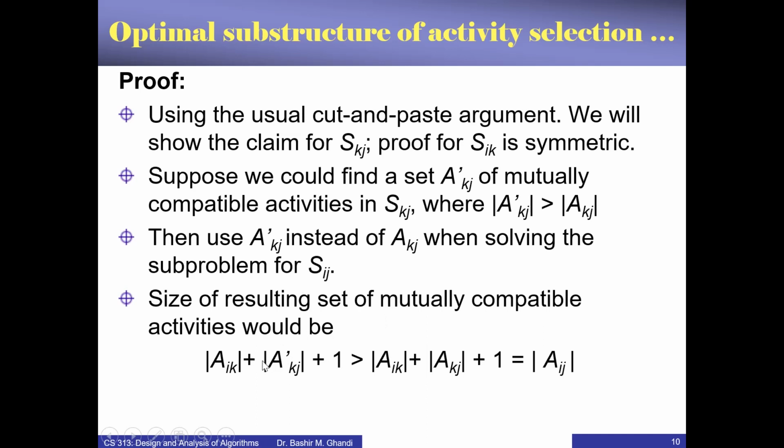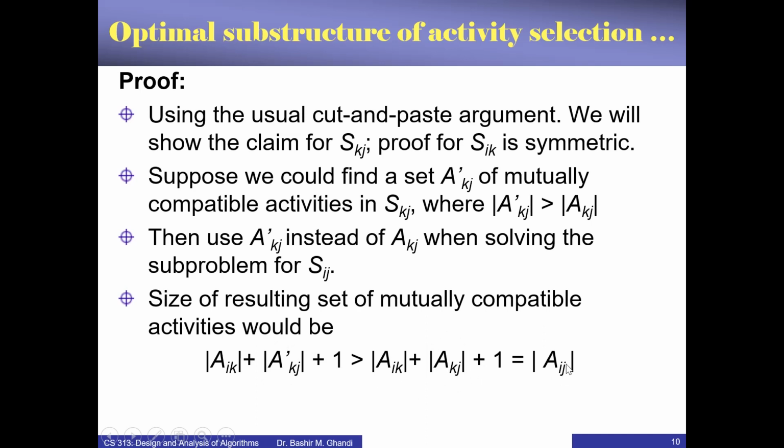Yani if we substitute here, instead of using AKJ, we use A prime KJ, which is bigger than AKJ. Okay, then by the time we add the number of elements in AIK plus that plus 1, we're going to get a bigger number compared to what we had before, which was the number of elements in AIK plus the number of elements in AKJ plus 1, because this set is bigger than this set.